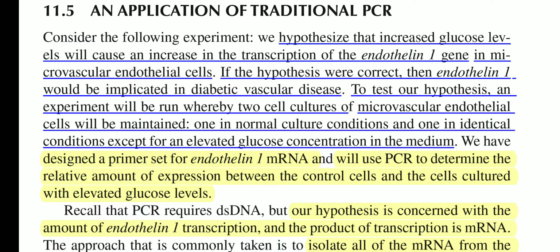So this endothelin 1 gene is expressed differently in different samples. Our first sample is the normal sample having no glucose or little glucose, whereas our second sample possesses a huge amount of glucose. Does this excess glucose affect those endothelial cells to overexpress the gene to produce more DNA? That is the presumption or hypothesis we have made.